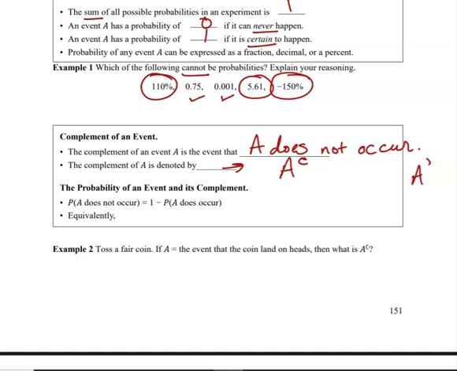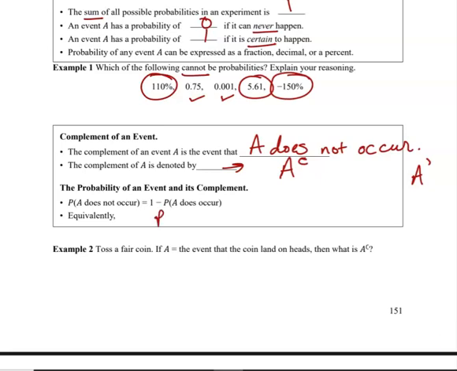So the probability of an event and its complement, how are those related? Well, the probability that A does not occur would be 1 minus the probability that A does occur. Don't overthink this. If there's a 30% chance that it's going to rain today, that means there is a 70% chance that it's not going to rain today, right? You just did 100 minus 30 if you're doing percentages, or 1 minus the decimal.